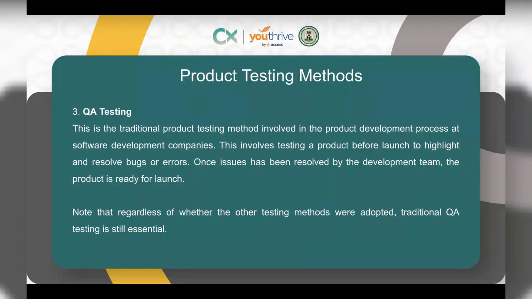Because A/B testing can come during design, it can come during implementation, but with QA testing, you are specifically testing the entire product or the entire functionality of the feature before it launches. And this is done regardless of whatever approach your organization uses.